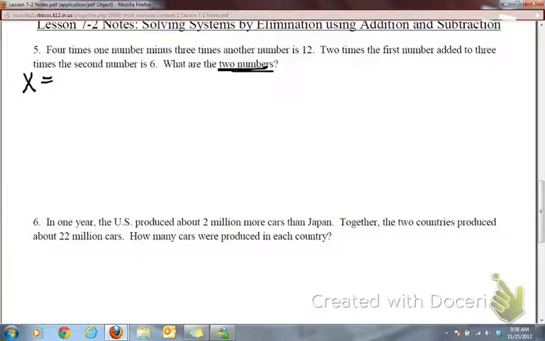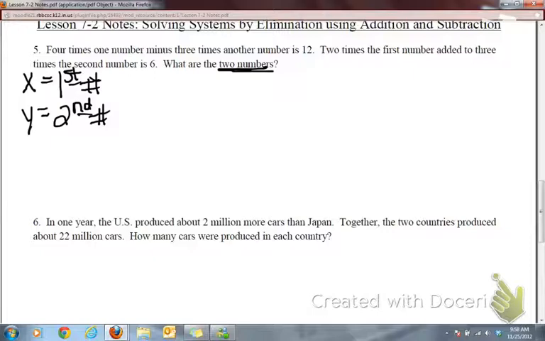So x is going to equal the first number, and y will equal the second number. We do have to keep them straight because the sentences could be confusing if we don't read carefully. The first sentence says 4 times one number minus 3 times another number is 12.